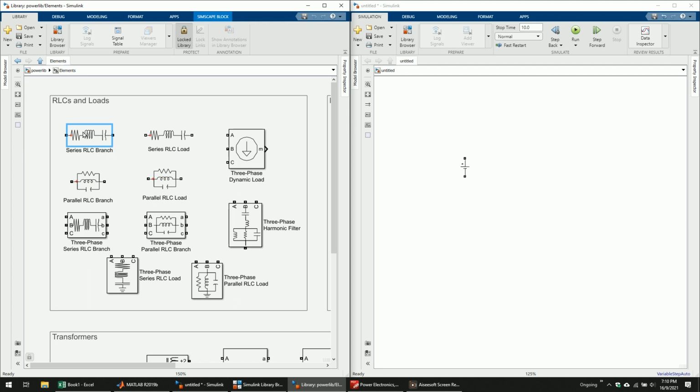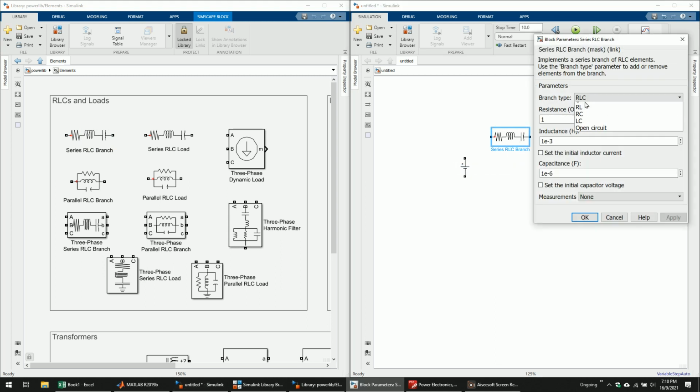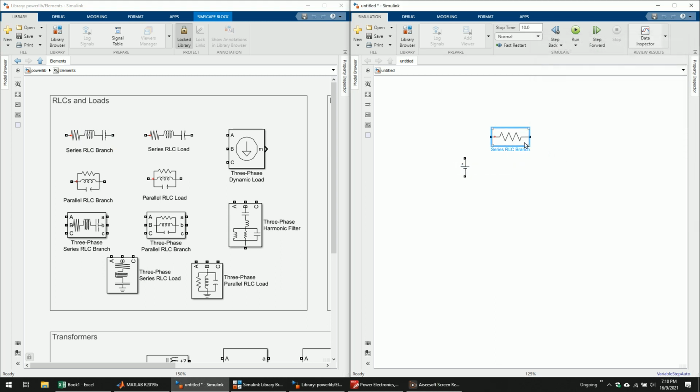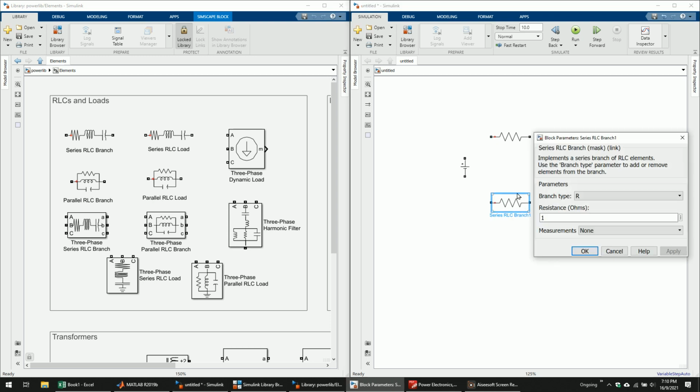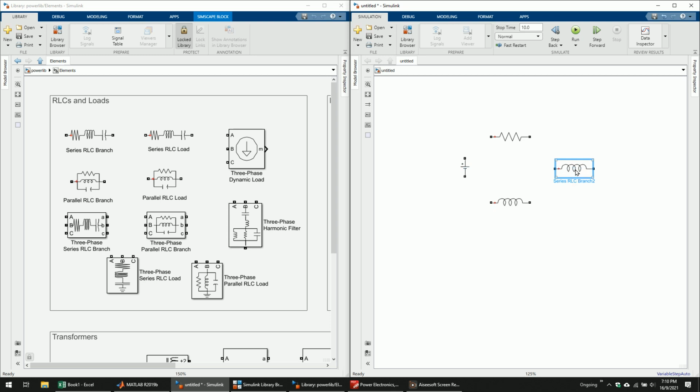So you just drag this. You choose R, choose L, and then you choose C.